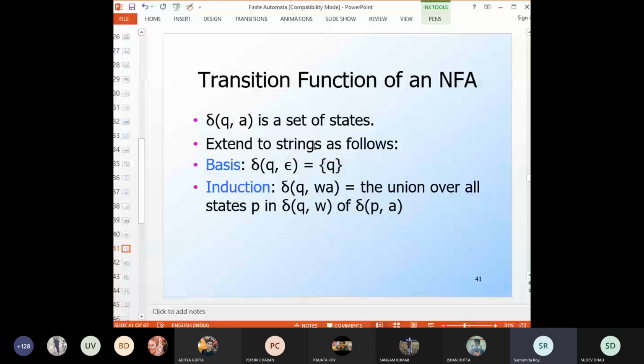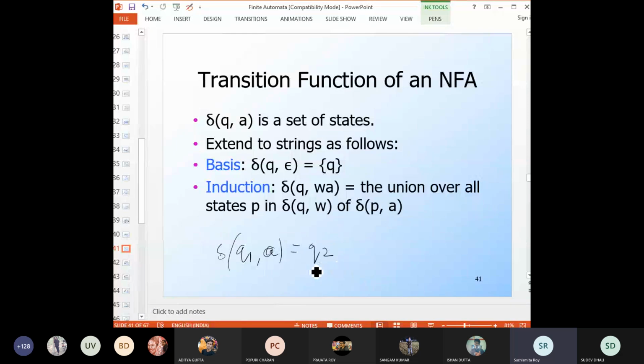Previously, your transition function was defined as delta of Q, a, for example delta(Q1, a) goes to Q2. So this was the kind of definition you were seeing in case of DFA. But now remember, in case of NFA, the next state which you go to, there could be multiple next states.